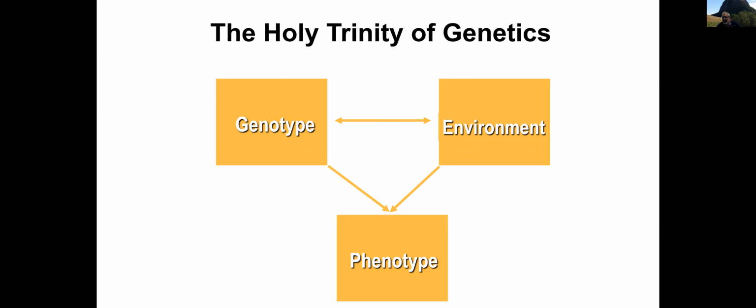The genes don't change, but here's a good example recently published by our group looking at sedentary behavior. It used to be thought that sedentary behavior made you fat and you had a heart attack or a stroke. In our research, we looked at the environment actually changing the expression of the genotype.